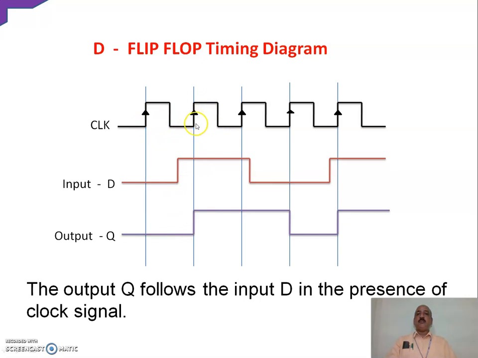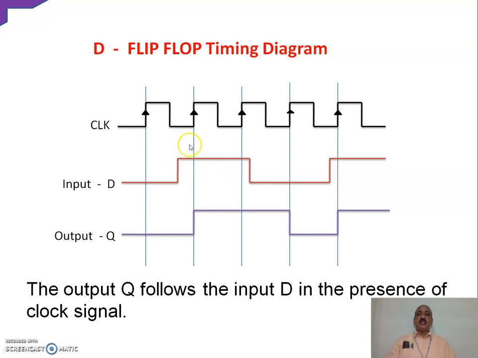So again, during the positive edge trigger, if D is 1, then the output will be converted from 0 to 1 and it will remain in the same state till the next triggering. Again, at the next triggering, if D is equal to 1, that means output is equal to 1. Already it is 1, so it will remain in the same state. So here we can ultimately say that the output Q follows the input in the presence of a clock signal. So here this is the delay.